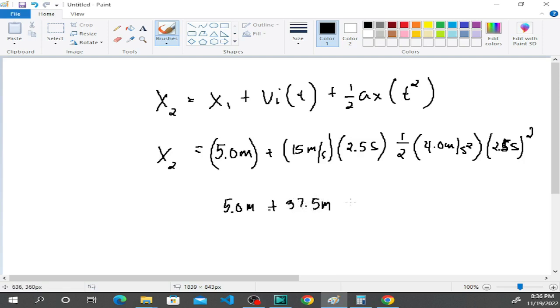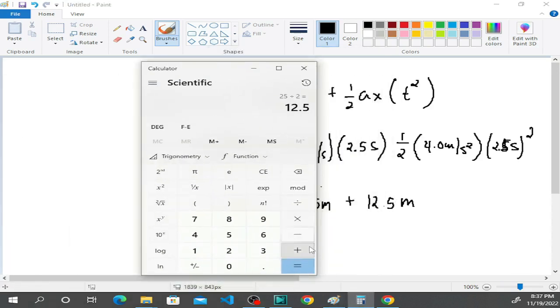So 37.5 meters plus, okay, so this one is 2.5 times 2.5, square it first, times 4, divided by 2, plus 12.5. So we add all together, so you will see that 12.5 plus 37.5 plus 5 is 55.